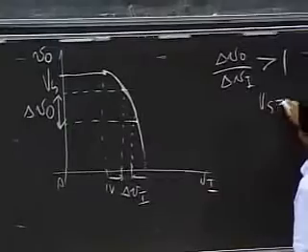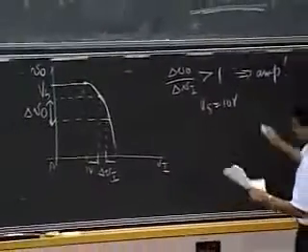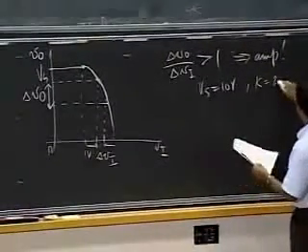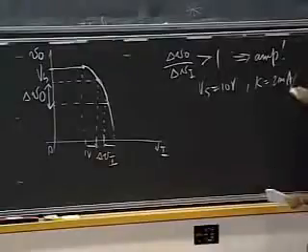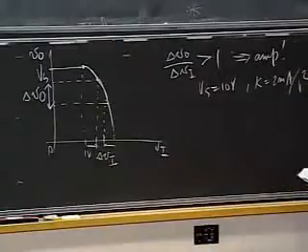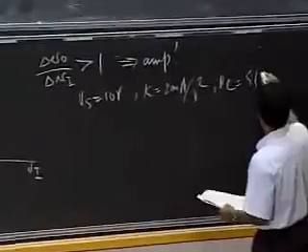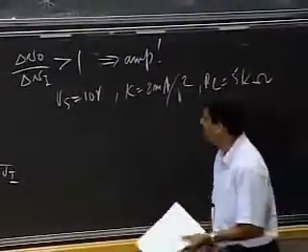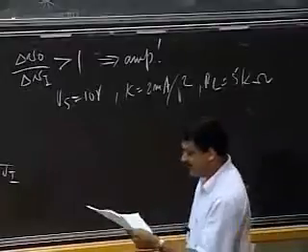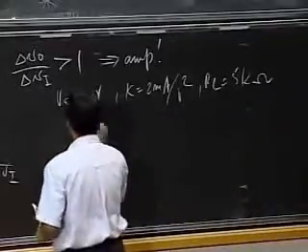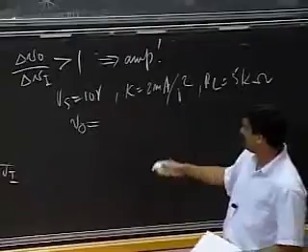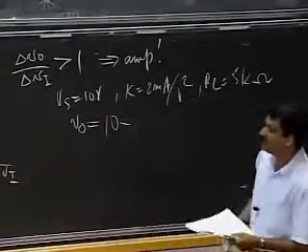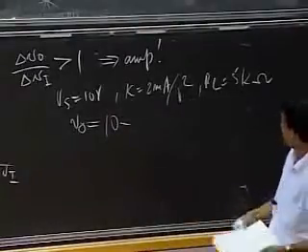So let's do an example. Let's say Vs is 10 volts. Let's say K is 2 milliamps per volt squared. And let's say RL is 5 kilo ohms. Let me substitute these values into that equation, and I get V0 is Vs, which is 10, minus K RL divided by 2.